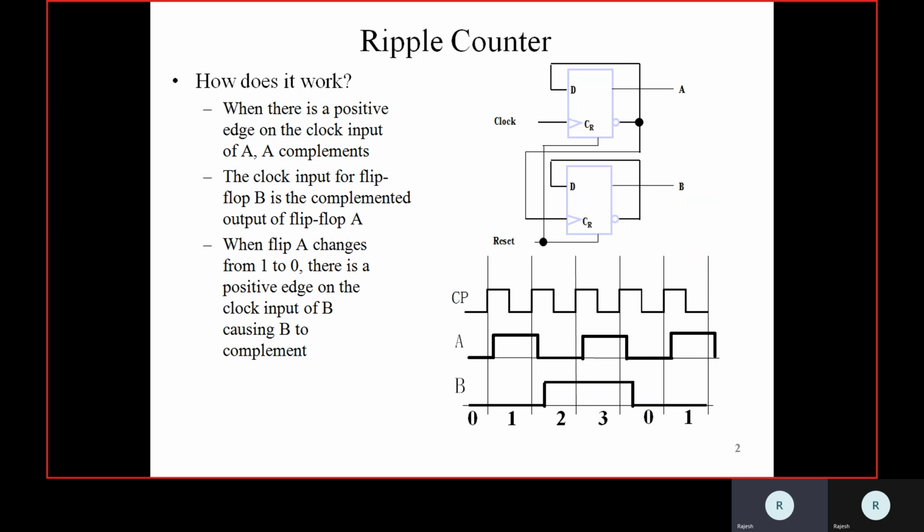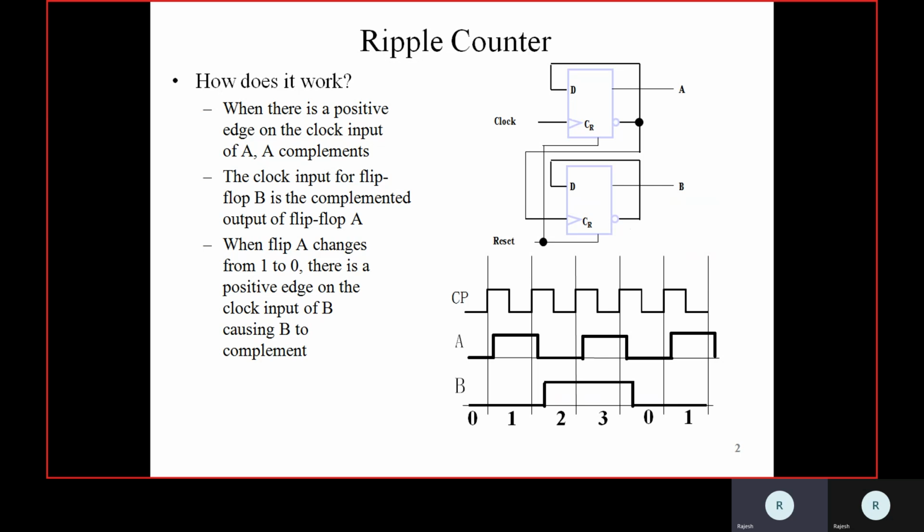So how to generate the complement? The output value must be given to a NOT gate, and that must be given to the input. But instead of a NOT gate, a flip-flop gives two complementary outputs, Q and Q bar. So Q bar is fed as input to the flip-flop.